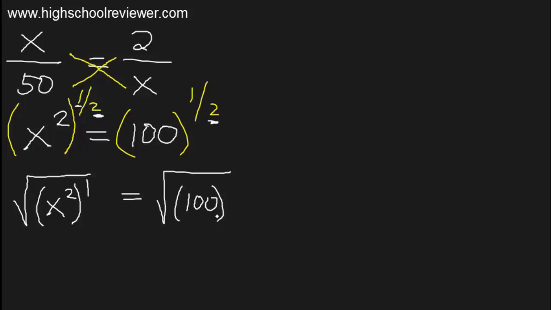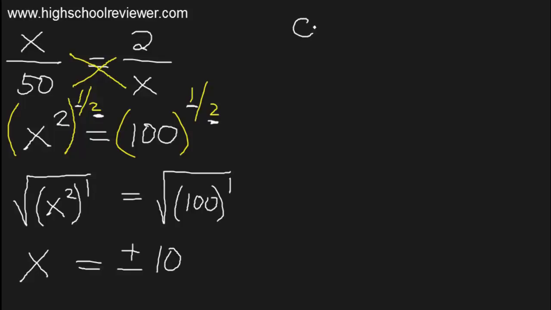The exponent will be the numerator, which is positive 1. So x squared raised to 1, that is still x squared. So the square root of x squared will be equal to x. And the square root of 100 will be plus minus 10.